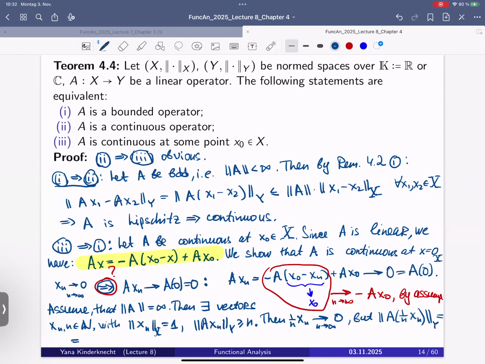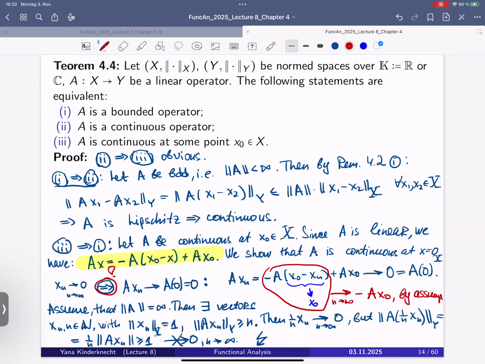We use the properties of the norm. This is 1 over n times the norm of A Xn. And this should be bigger or equal to 1, and hence this does not converge to 0. And this is a contradiction to the following statement. Yeah, so this we have already shown.